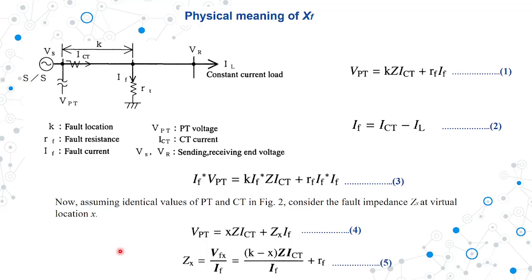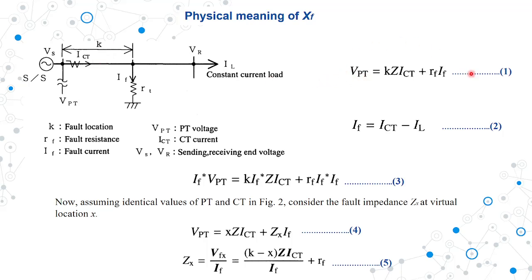This is the source voltage, K is the fault location, this is the CT and this is the VT, the potential transformer. This is the current transformer, and this is the fault located in the system, where we get the sending end and receiving end voltage, and a load is connected at the end. K denotes the fault point in the system.